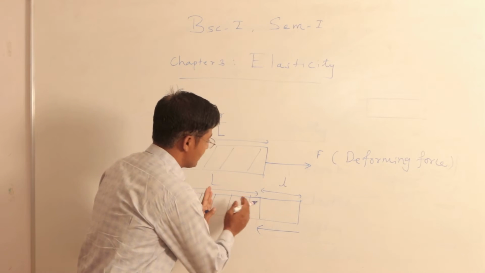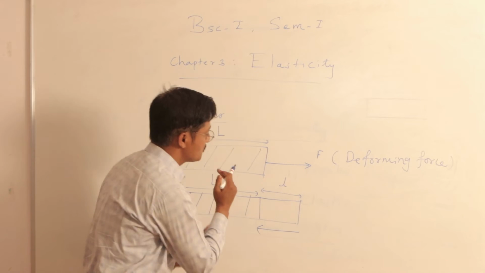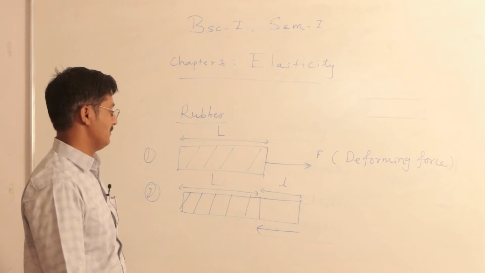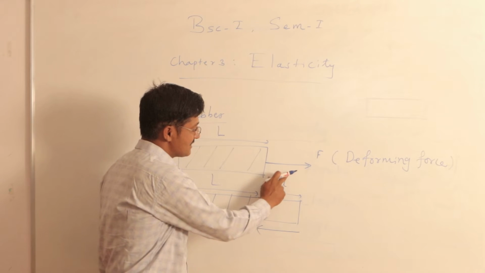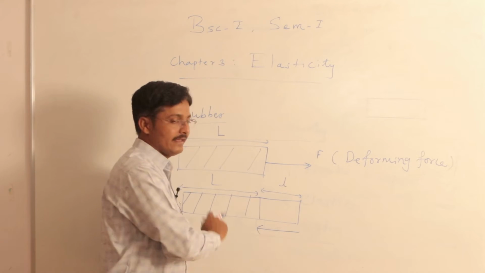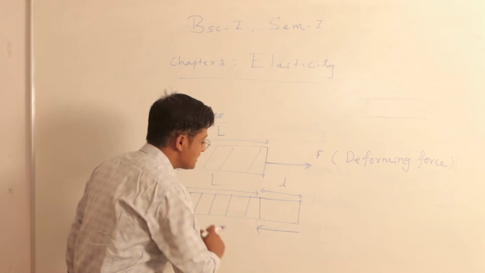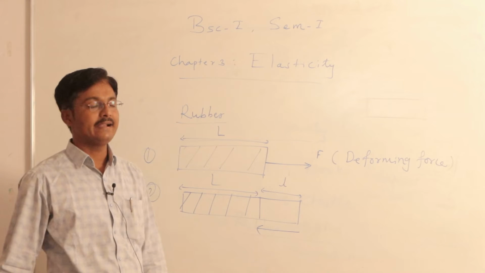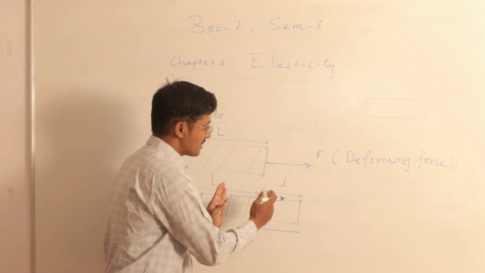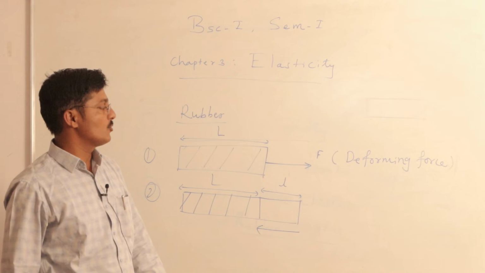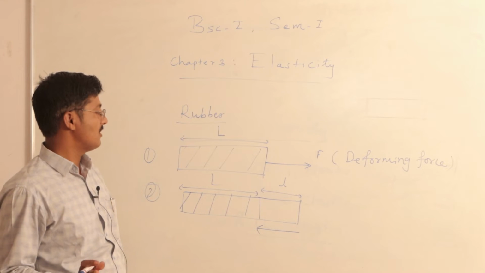So the rubber tries to bring this deformed piece to its original position, means it tries to bring this elongated length to its original length, capital L. This tendency of rubber to bring its stretched body to its original position is called elasticity.